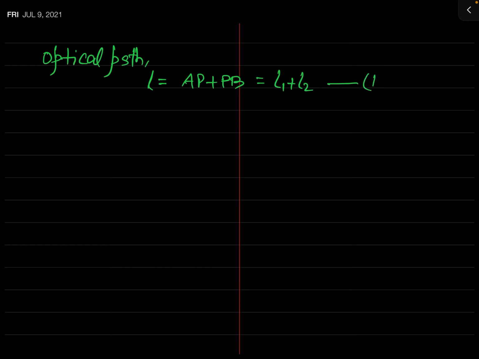Since here the refractive index is equal to 1, there is no need to multiply these lengths L1 and L2 by the refractive index. So we simply say that the optical path is equal to L1 plus L2. So now, with the help of the geometry of the figure, we will find the value of L1 and L2, and then substituting those values in equation 1, we will be able to find the optical path. So now see the geometry of the figure, and from that let us try to find the value of L1 and L2.